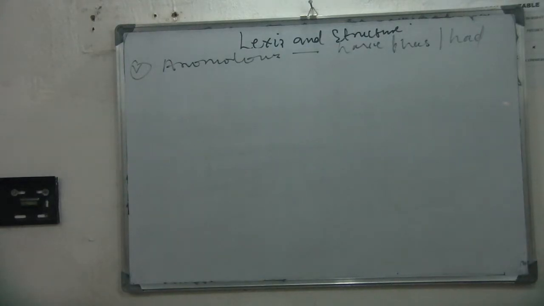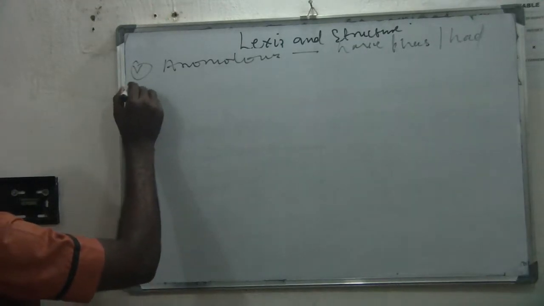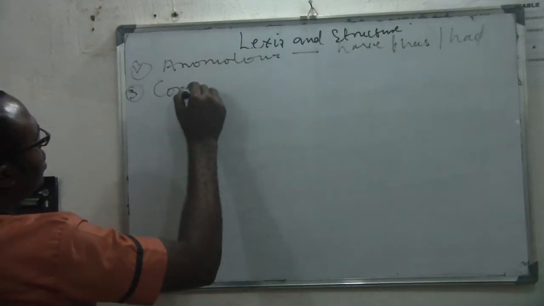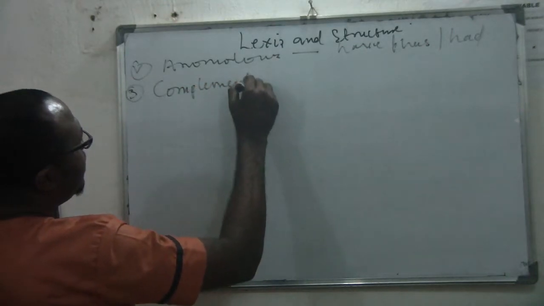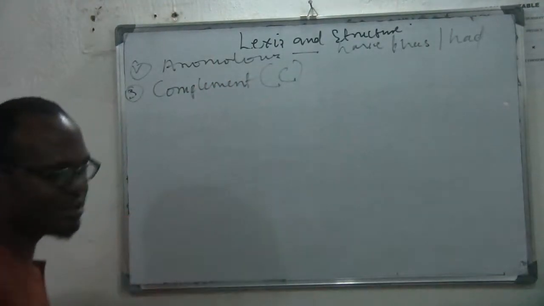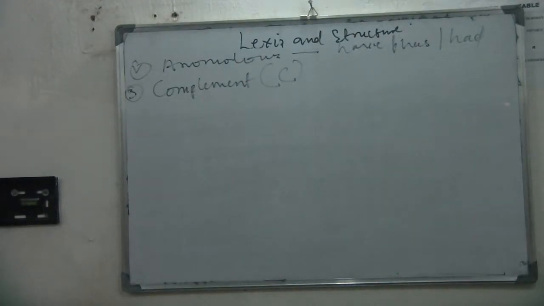Now finally we look at the complements, the three major elements of what? A sentence. Complements. That's number 3. Complement is represented by the letter what? C. Complement.